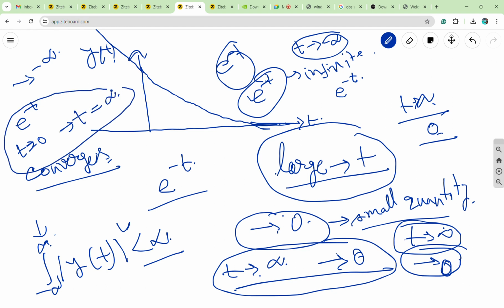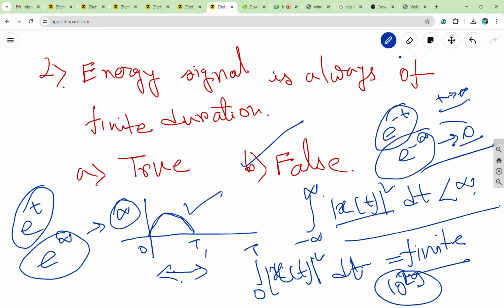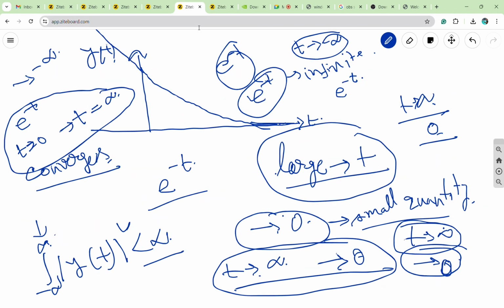Within this interval it is converging. Is it clear? So the signal is an energy signal only for the interval where it is converging. Whenever it is converging, it should be a converging sequence. That is why this concept comes: bounded input, bounded output, right?